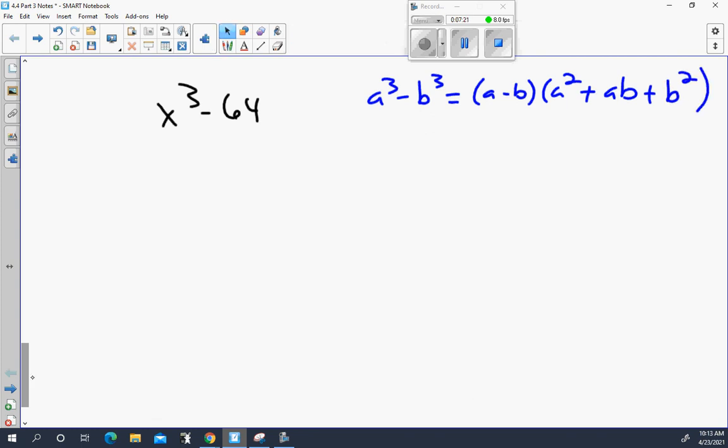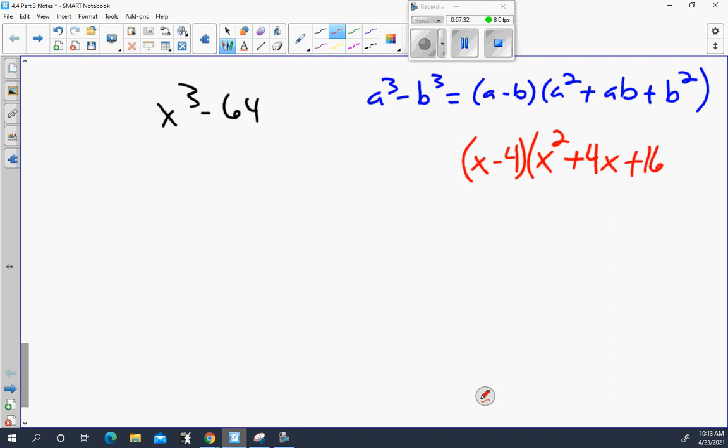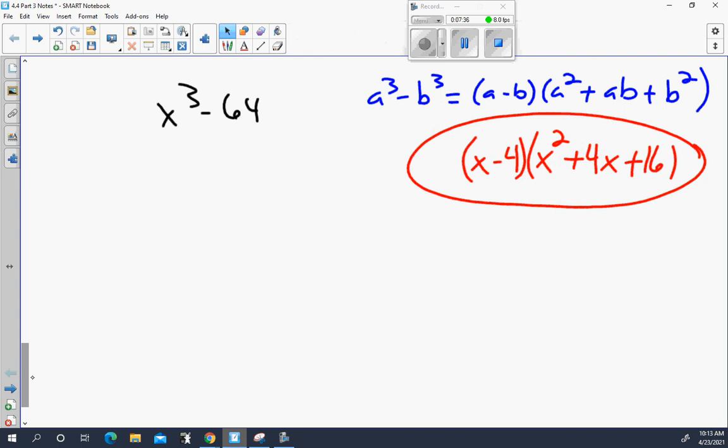So just a few different spots. We already came up with the numbers. It was x minus 4 times x squared plus 4x plus 16. Same numbers from the one above, just with different signs. Okay.